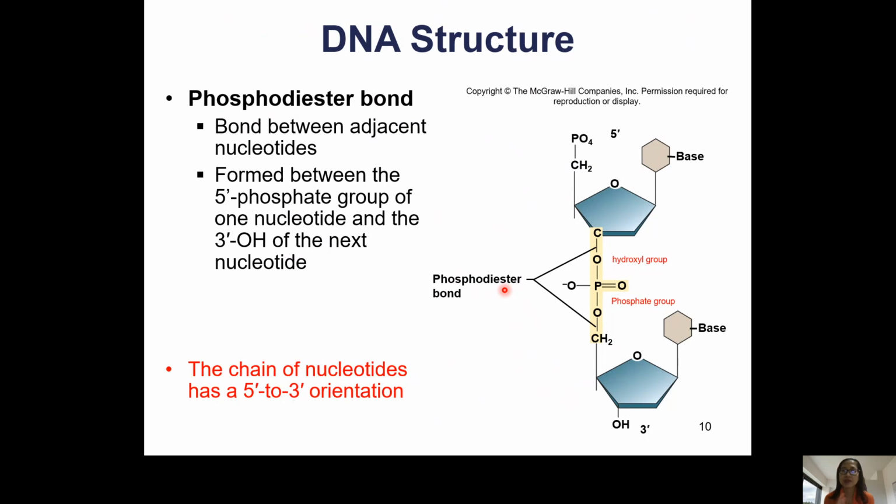And how is the bond formed? You can see from the picture, the bond is formed from the carbon number 3 of the, or we can see just here, this one, from the carbon number 5. Maybe I should put this one here and this one there.